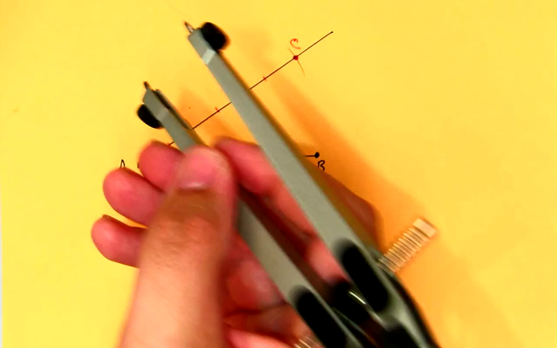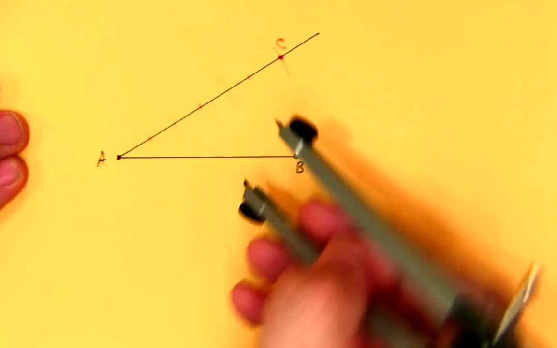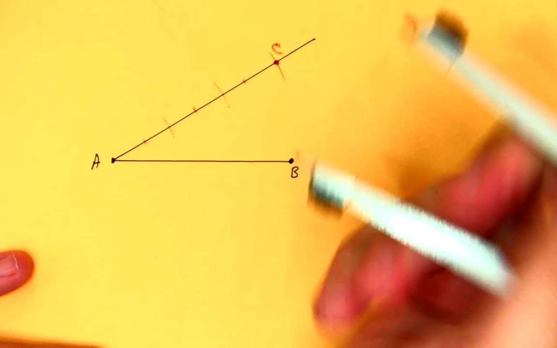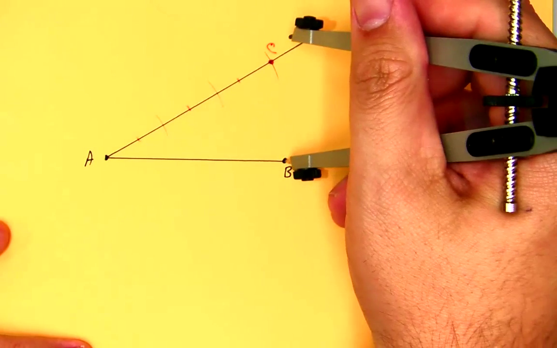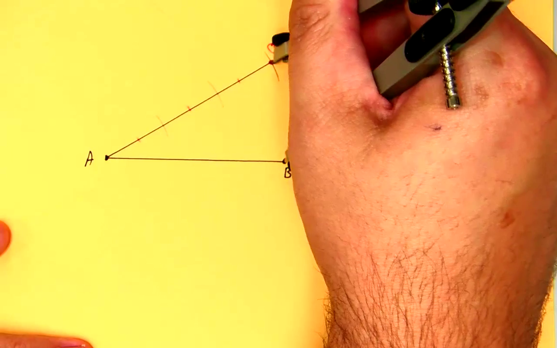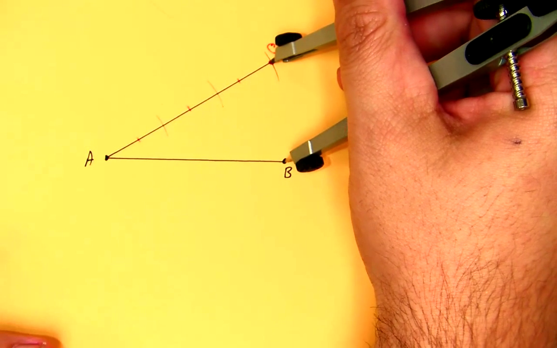Now, the next goal is to copy this exact segment AC diagonally down BD. And in order to copy that, 2 things have to happen. First off, I have to open up my protractor from A to C, or from B to C. And where am I going to put my pointy end?